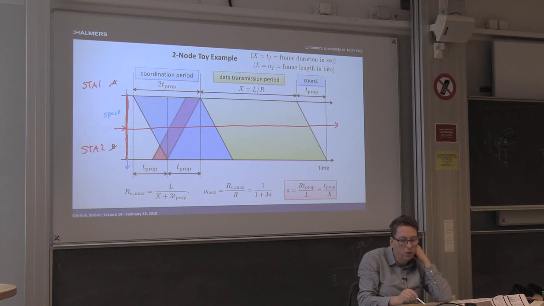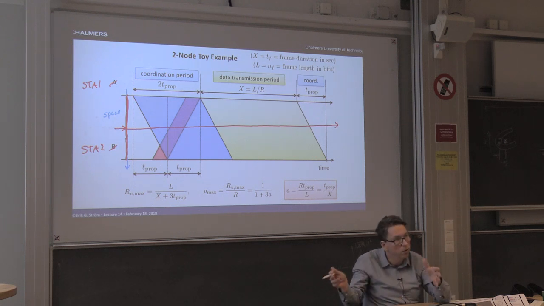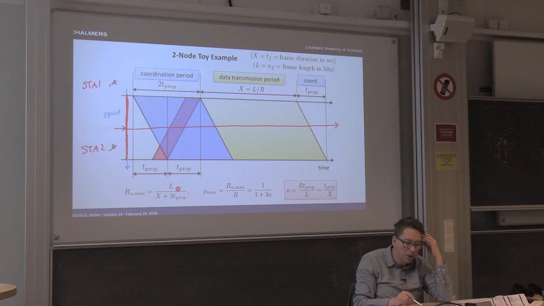We use the medium to transmit L bits, but it takes this amount of time to do that. So the maximum throughput we can hope for is the throughput over one of these cycles, and then these cycles are repeated. So we transmit L bits.